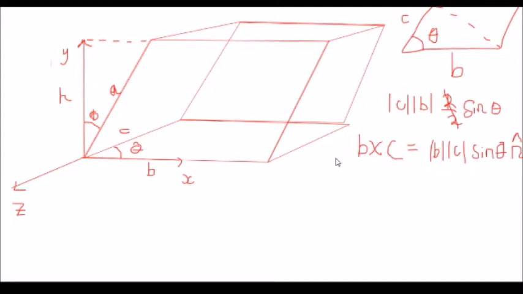Alright, so if we just say the absolute value of the cross product of b and c, then we've already got the area of the base in terms of the vectors b and c. So excellent, we're almost done. So that's the area of the base.